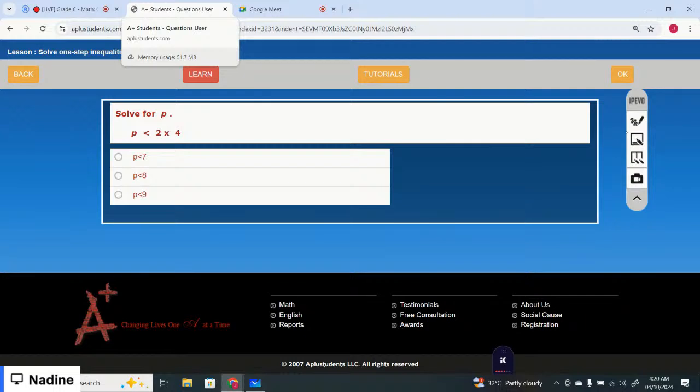That is P is less than 8. The correct option is option number 2. P is less than 8.